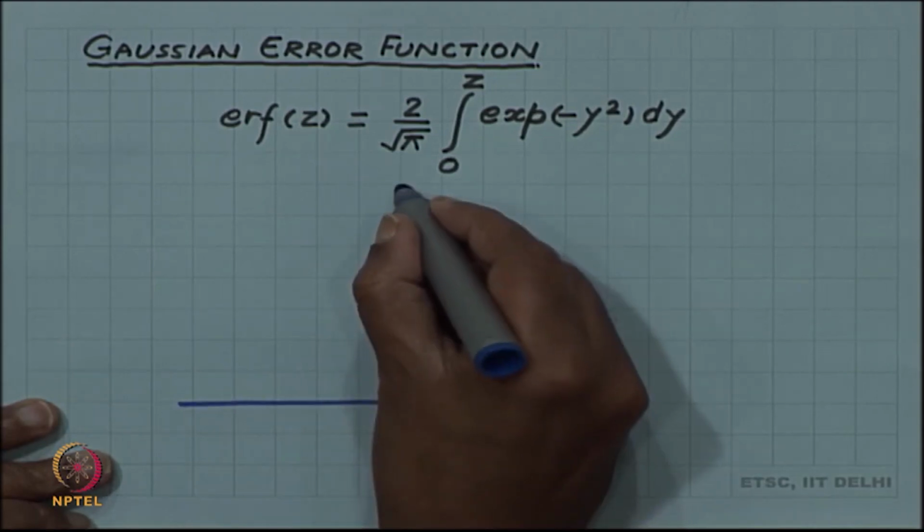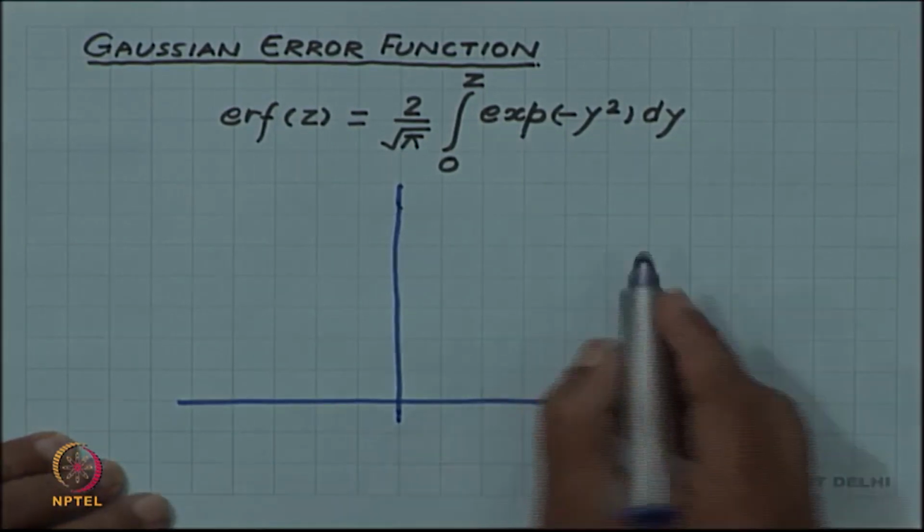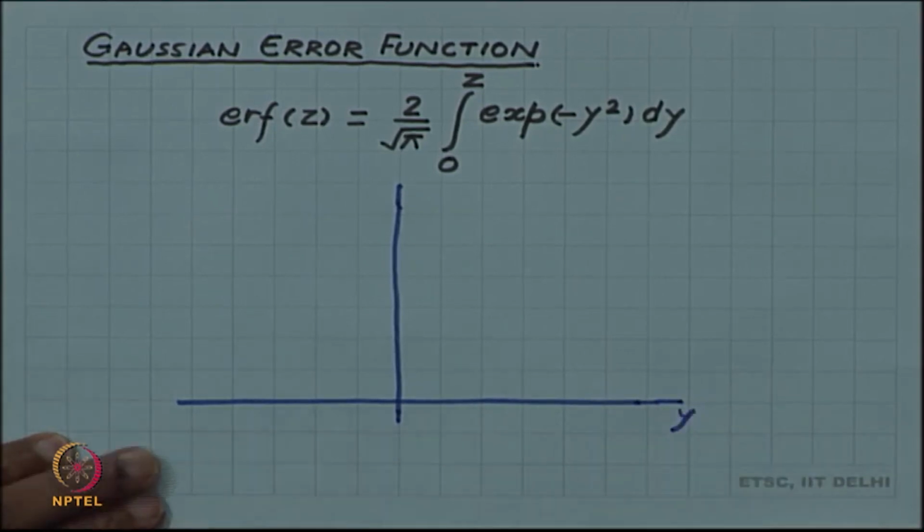I could have written it as x, but I have written y so as not to confuse it with the x which was there in our argument x by 2 square root Dt. So, I have taken this x axis variable as my y now.